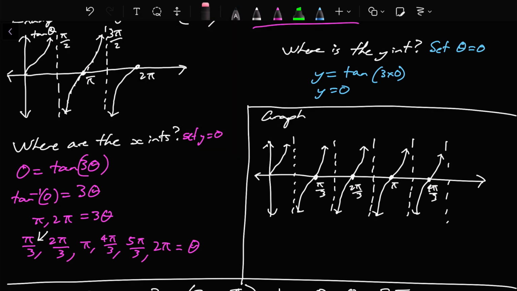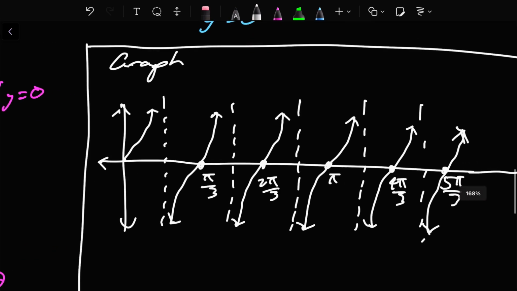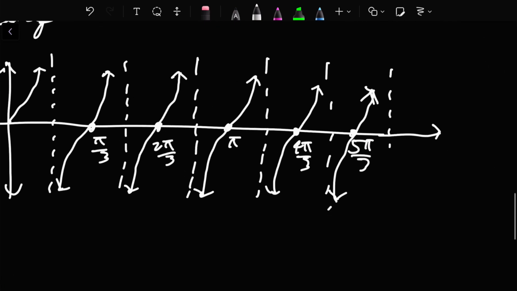I might be able to fit it. I might just have to squish it in. Obviously not to scale. 5 pi on 3. We'll stop there. 2 pi.